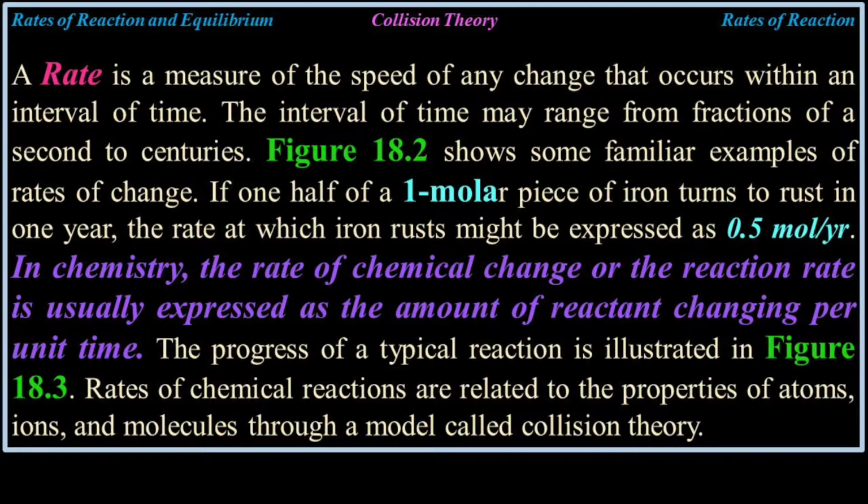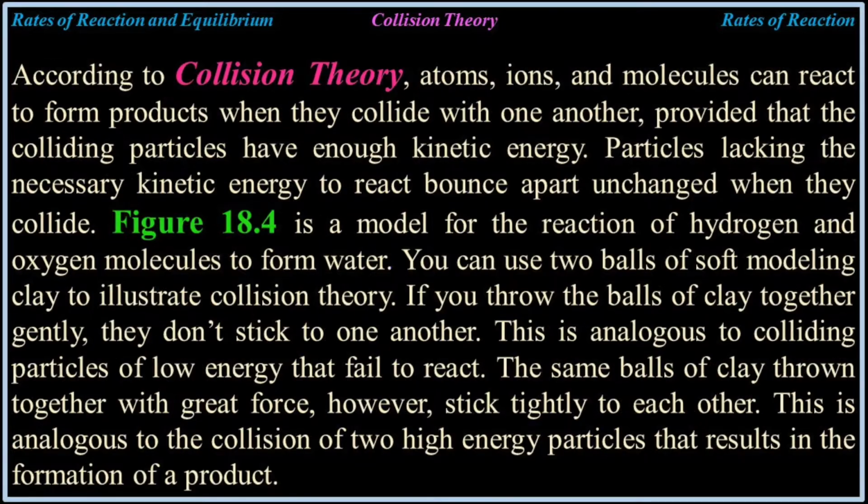Rates of chemical reactions are related to the properties of atoms, ions, and molecules through a model called collision theory. According to collision theory, atoms, ions, and molecules can react to form products when they collide with one another, provided that the colliding particles have enough kinetic energy.